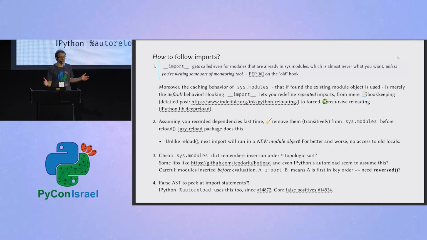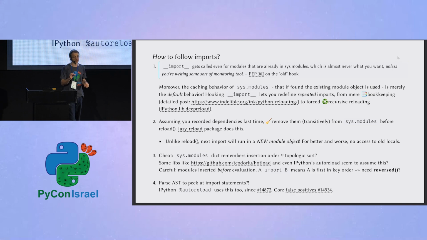So how can they track the dependencies? There are a few mechanisms. The best one is the old __import__ global hook, which allows you to override all import statement executions. Even if this module is already in sys.modules, the behavior that if it's cached, the import is a do-nothing import is just the default.